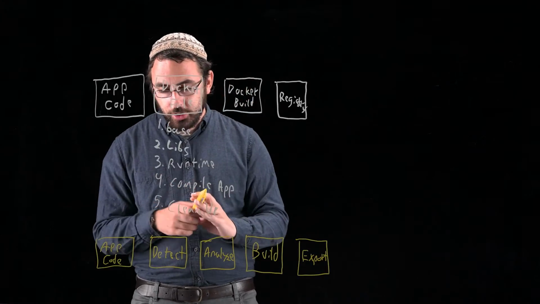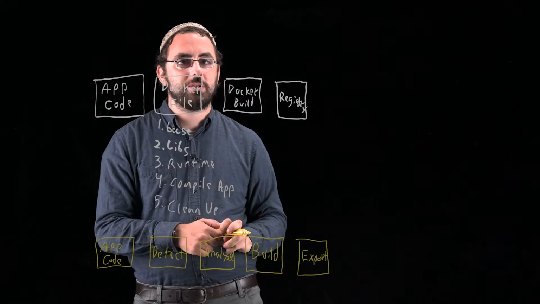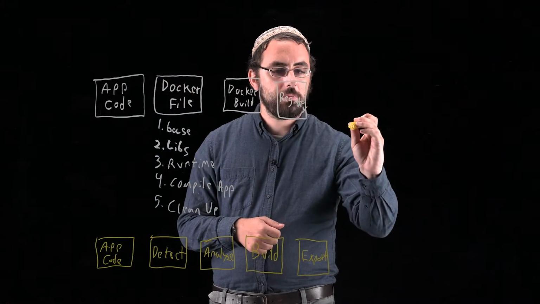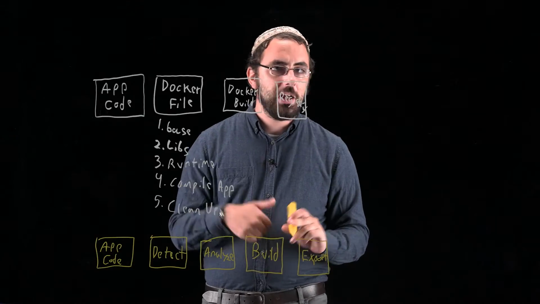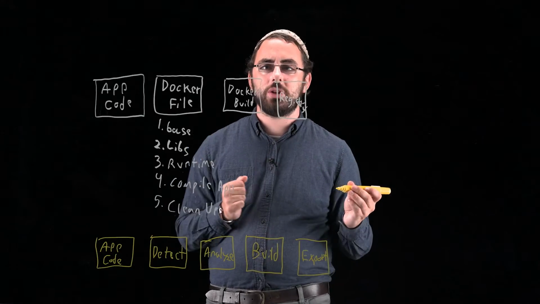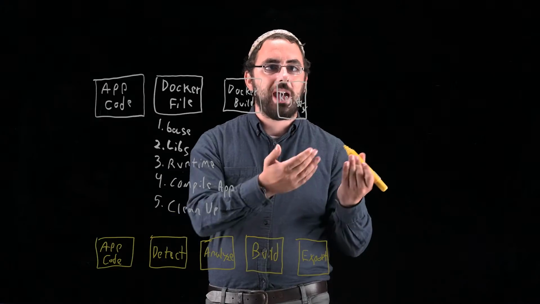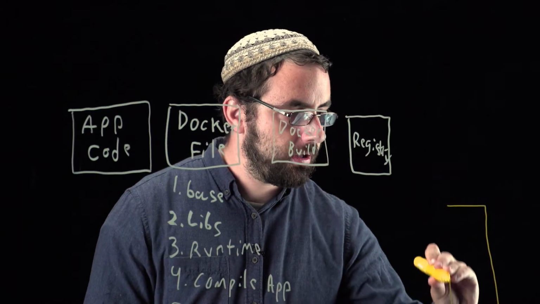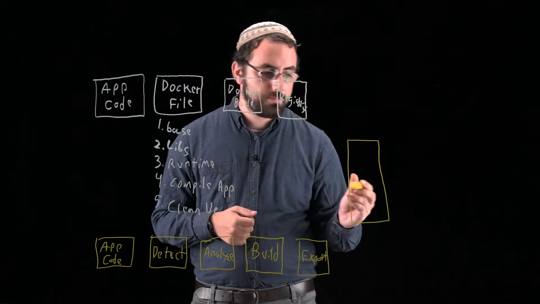So let's look at how this is actually done in build packs, and specifically in Tanzu build packs. So if we look at actually what came out of this export at the bottom, let's try and understand what this image actually looks like from a build pack exported image. If we look at one of these images, the image is actually built with layers.